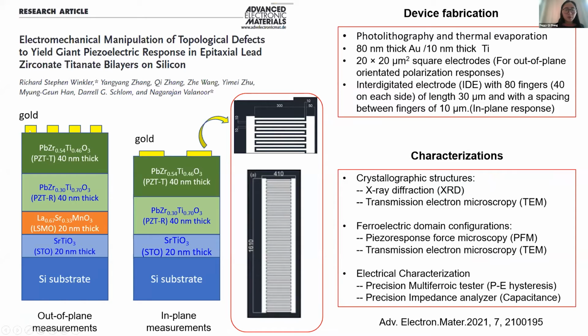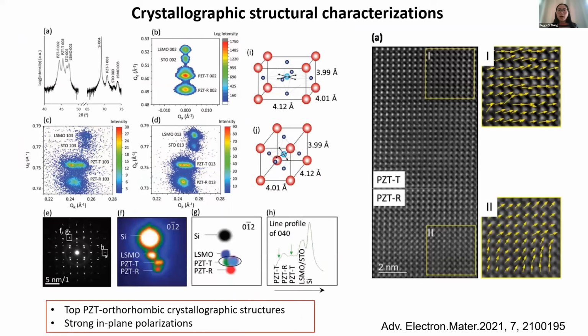One is the typical top electrode with a square shape, and the other is IDE, finger-shaped electrodes, which help us understand the in-plane polarization and other in-plane characteristics of these materials. In-plane is important because when we made this bilayer with a tetragonal PZT on top of a rhombohedral PZT, we found that the top layer PZT actually changes to a pseudo-tetragonal, also monoclinic-based structure.